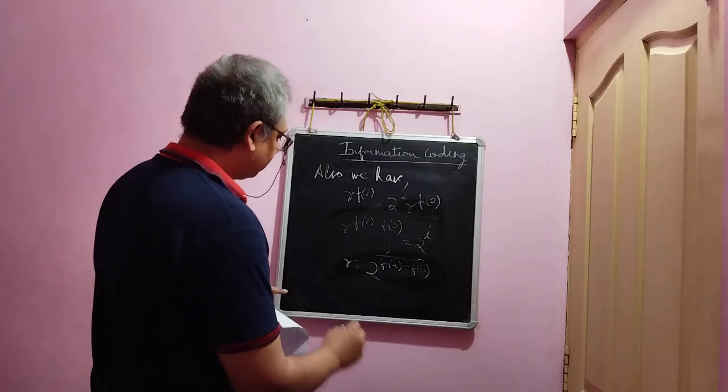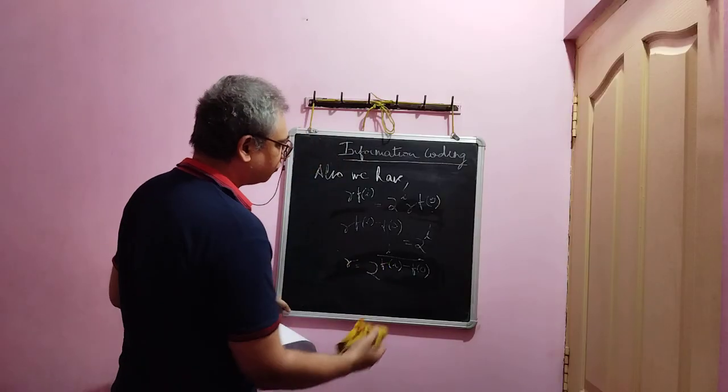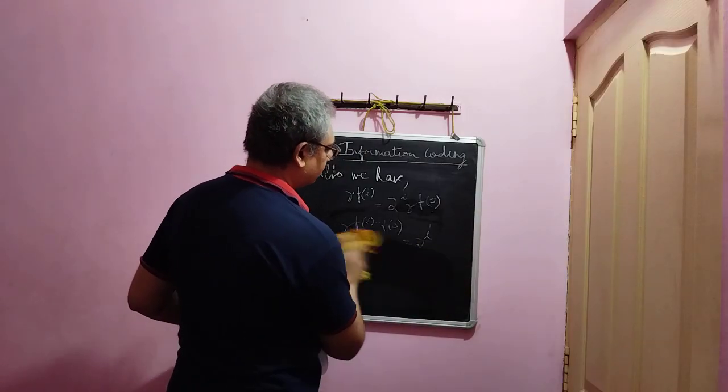Since r must be constant, r equals 2 power I by f of I minus f of 0.